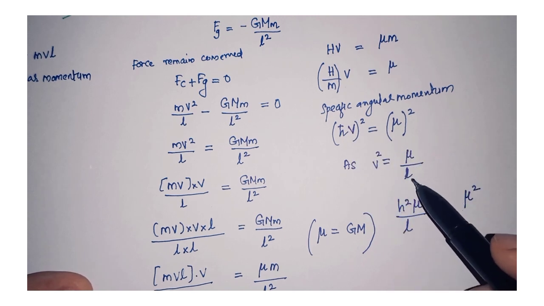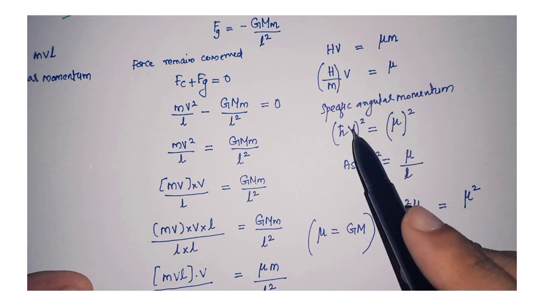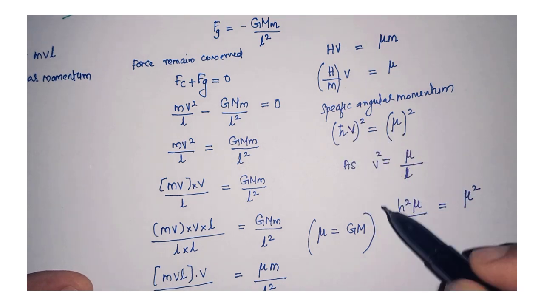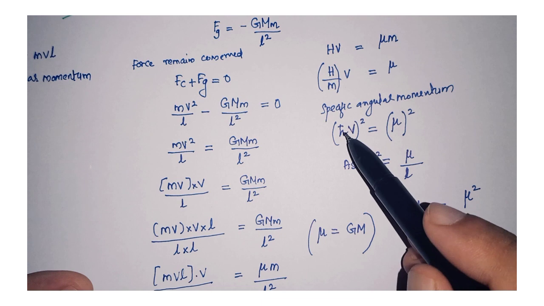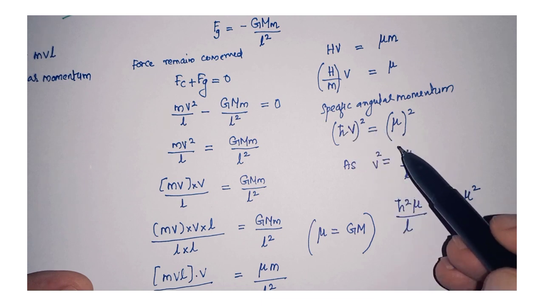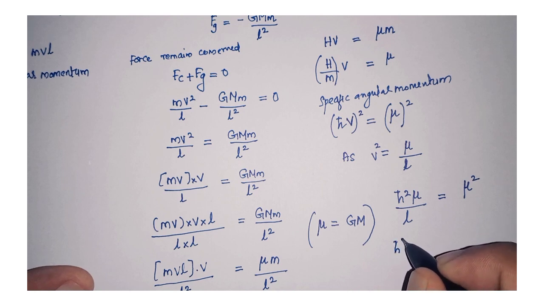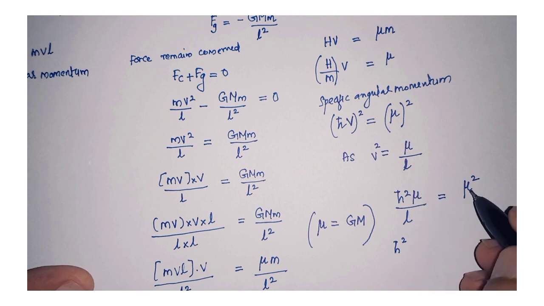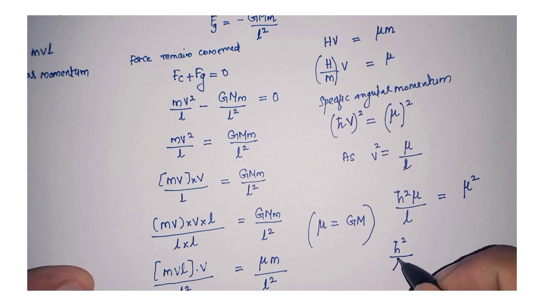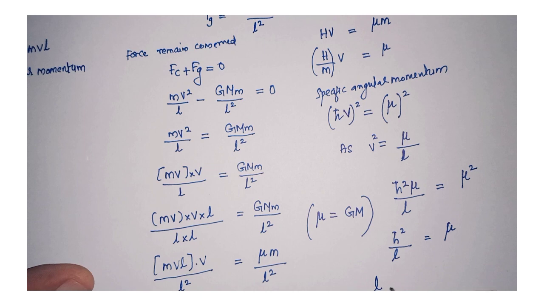V square is mu by L, so h cap square into v square equals mu square. One mu gets cancelled from here and here, so you end up with h cap square by L equal to mu. And if you take L, L is equal to h cap square divided by mu.